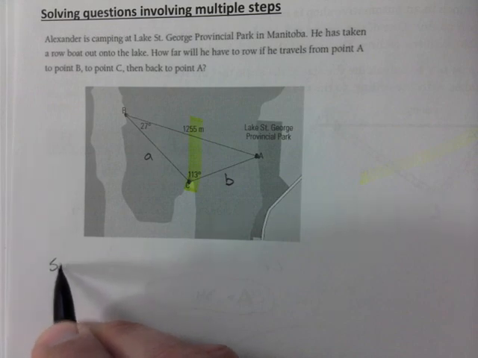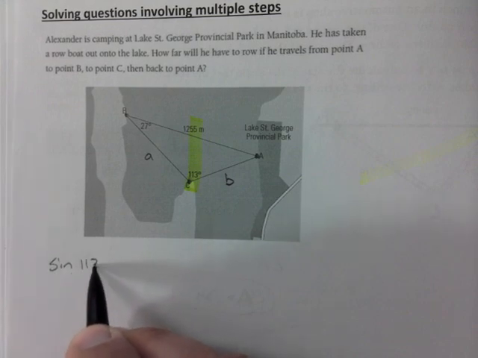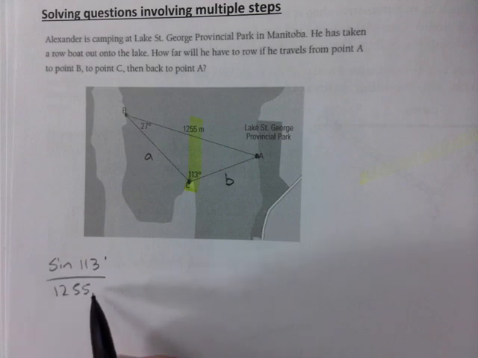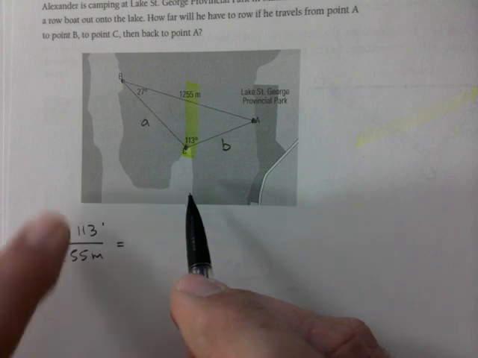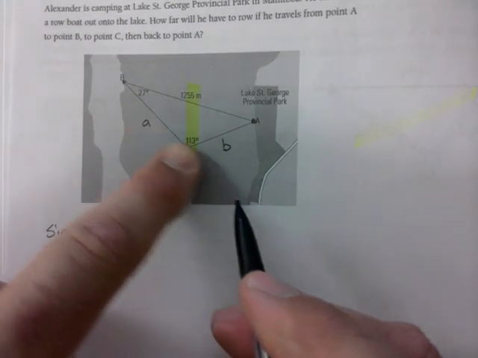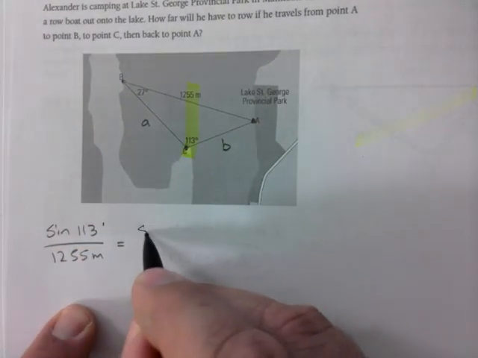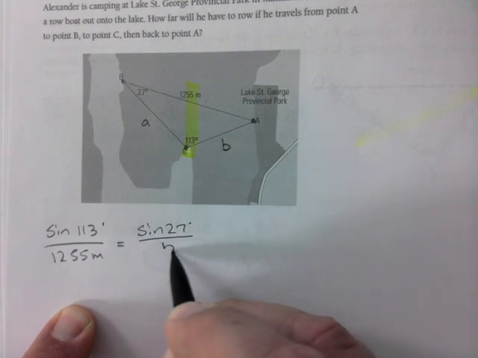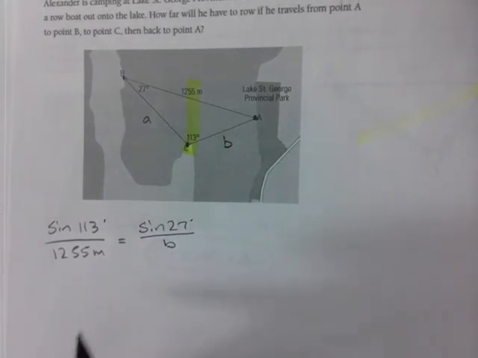So I'm going to go sine of 113 over 1255. And that's in meters. And then I'm going to use this one, sine of 27, which is going to allow me to find side B. Right?